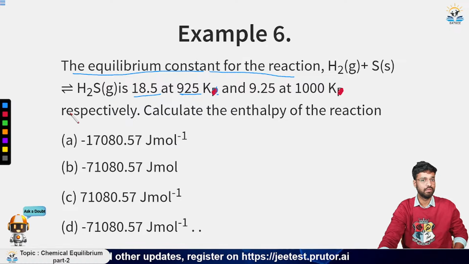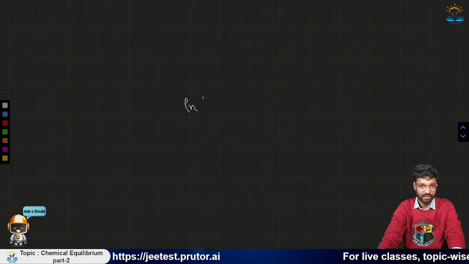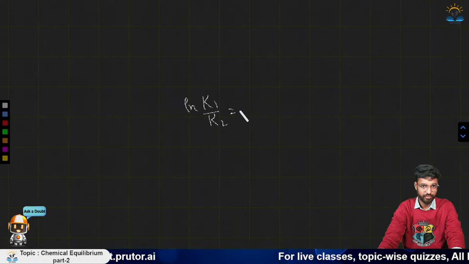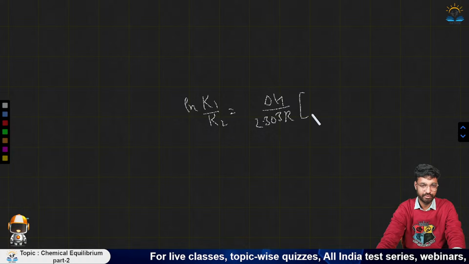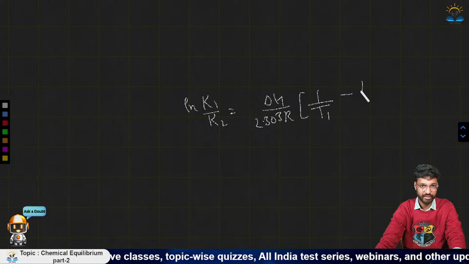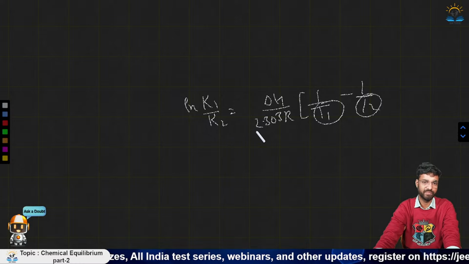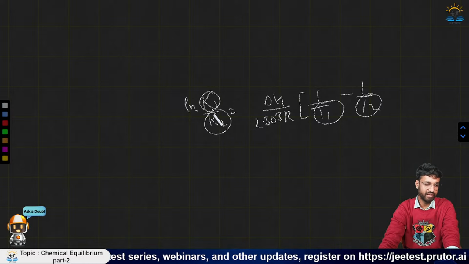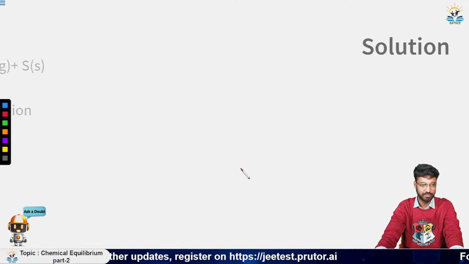Now we know the formula very well, which says that ln K1 by K2 is equal to delta H by 2.303 R times (1 by T1 minus 1 by T2). So we do have this T1, we do have this T2 in the correct unit. We do have this K1, we do have this K2. So we'll put these values here.